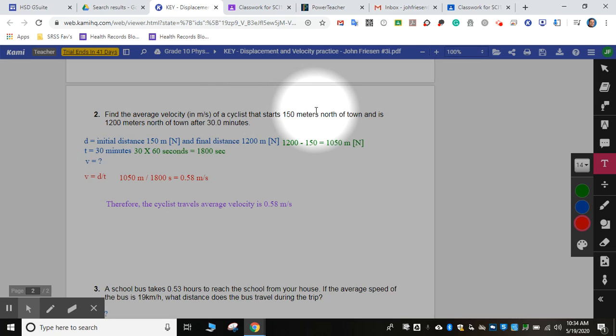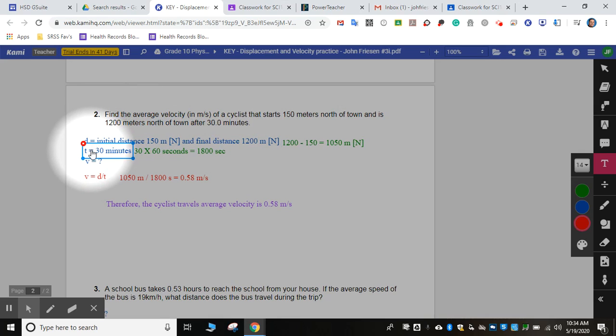We have 150 meters north here. And our final distance is 1,200 meters north of town. Okay, so 1,200 meters was where we finished, we subtract 150, and that tells us what our distance was, which is 1,050 meters north of town.